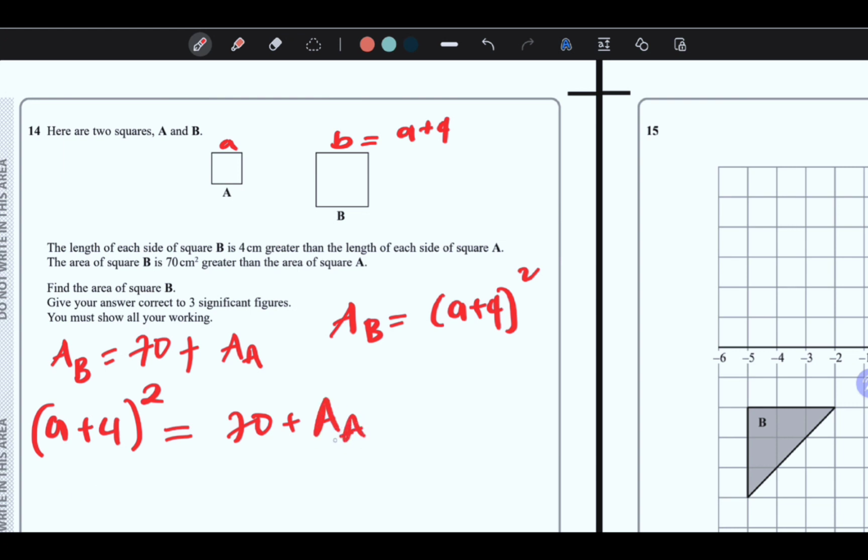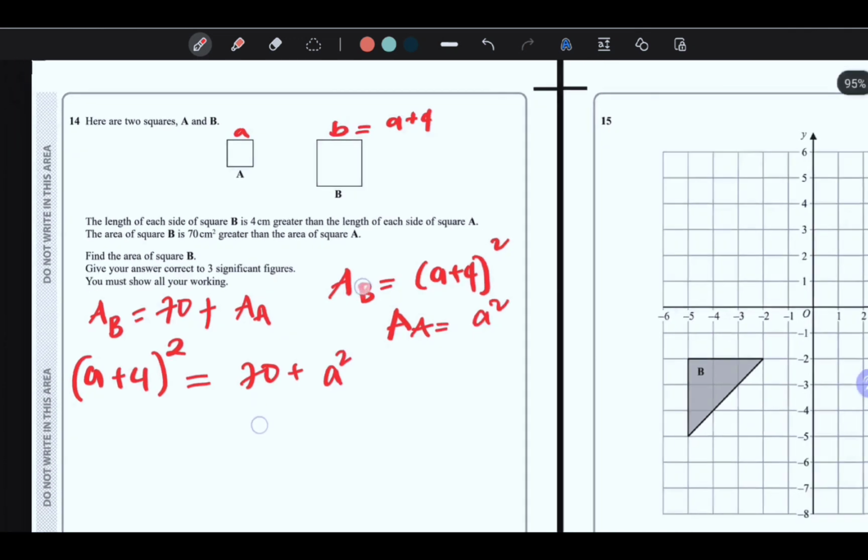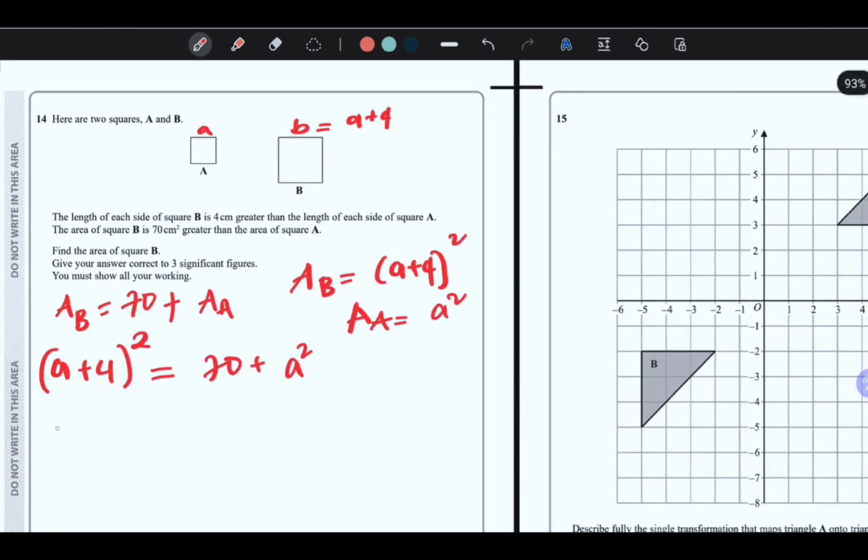So we can also substitute the area of square A, which is a squared, in here. So I'm just going to replace this. This will be a squared, and then we're going to expand this bracket, so it's going to have a squared plus 8a plus 16 equal to 70 plus a squared.